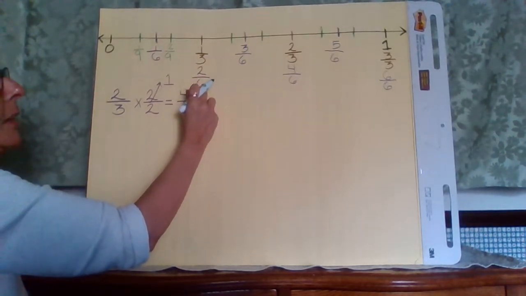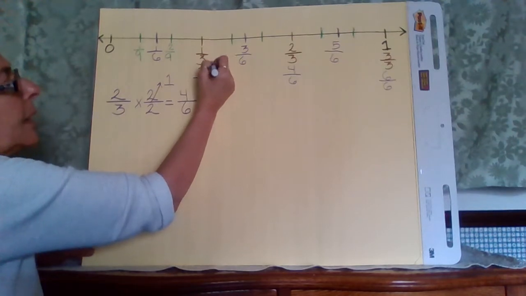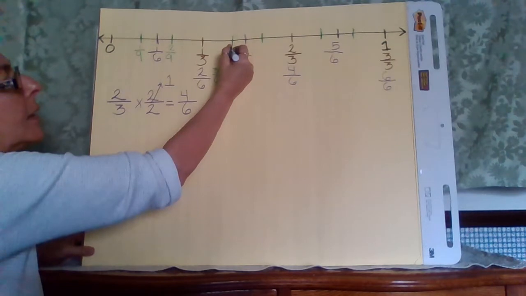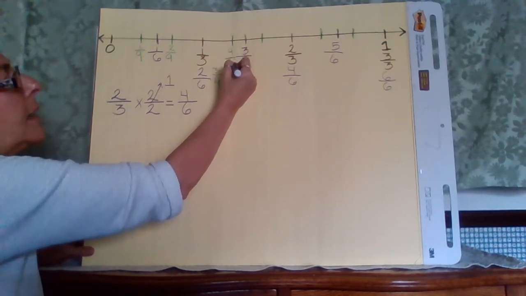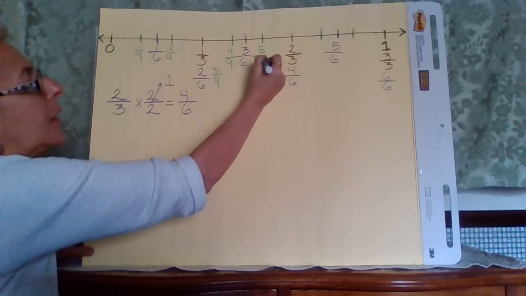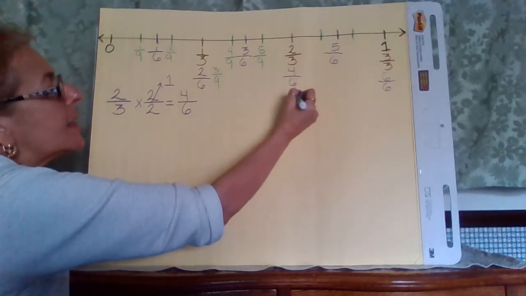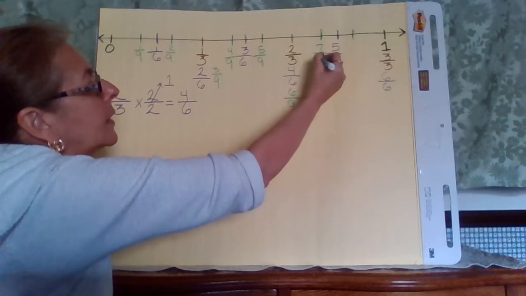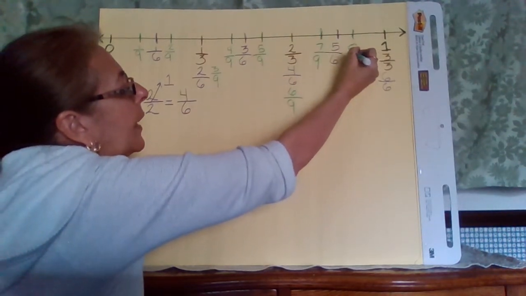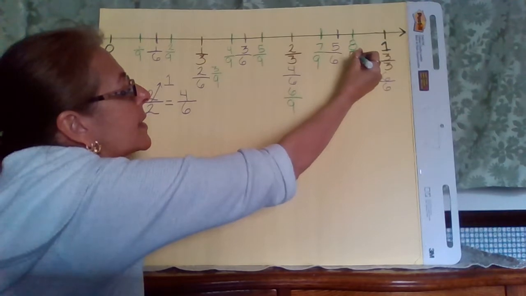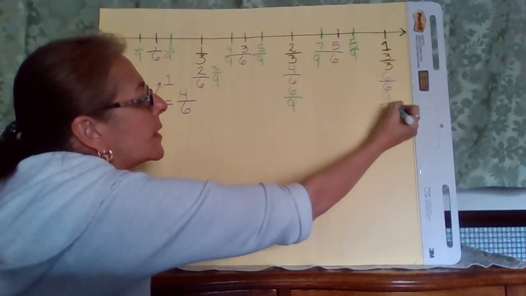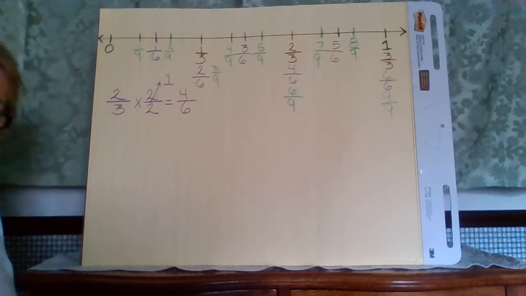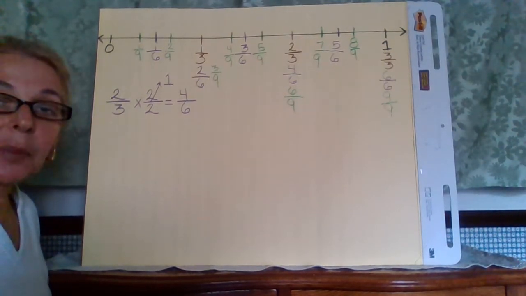Now my next 9th right here is 3/9, 4/9, 5/9, 6/9, 7/9, 8/9, and then 9/9 is at 1 whole. So we did that on a number line.